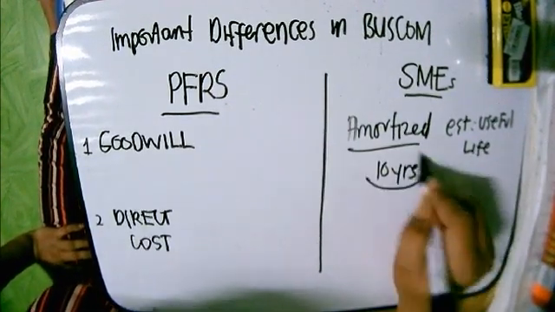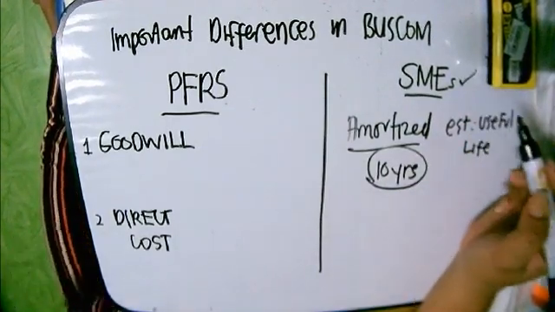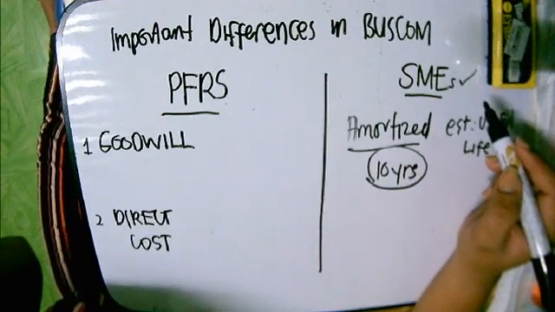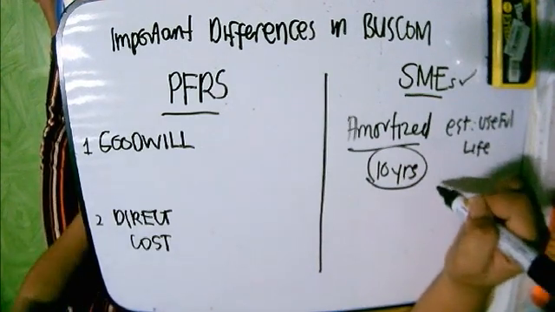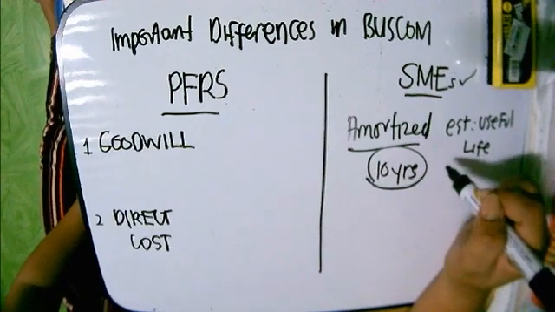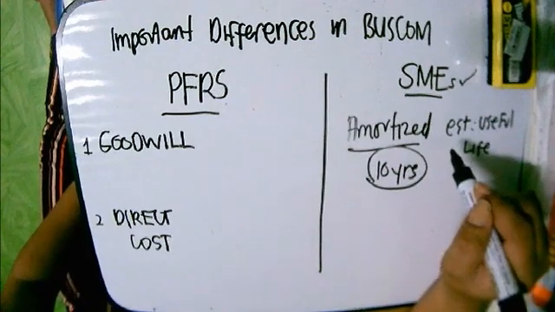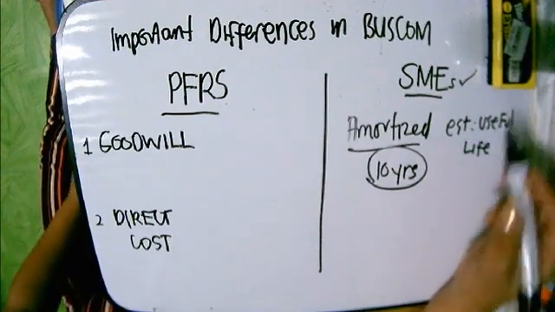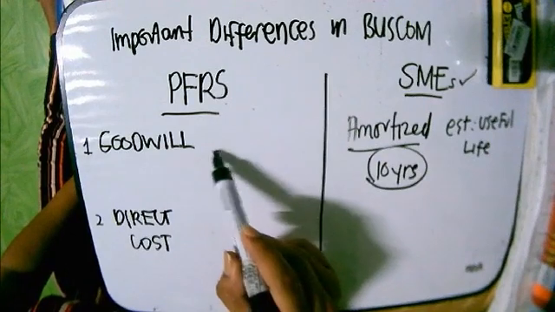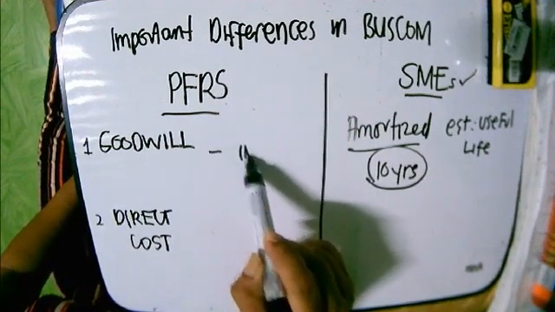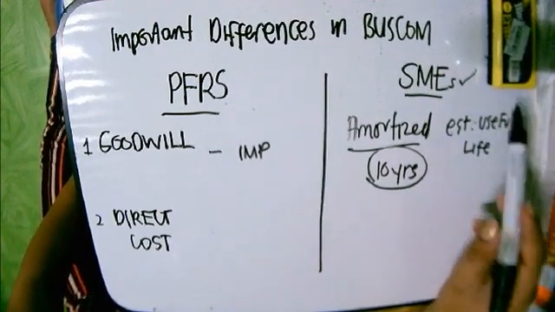So, i-amortize natin siya within 10 years under kay SMEs. And again, also tested for impairment if there are indicators that the goodwill is being impaired. Again, dito is tested lamang for impairment. Pero dito kay SMEs, ina-amortize.